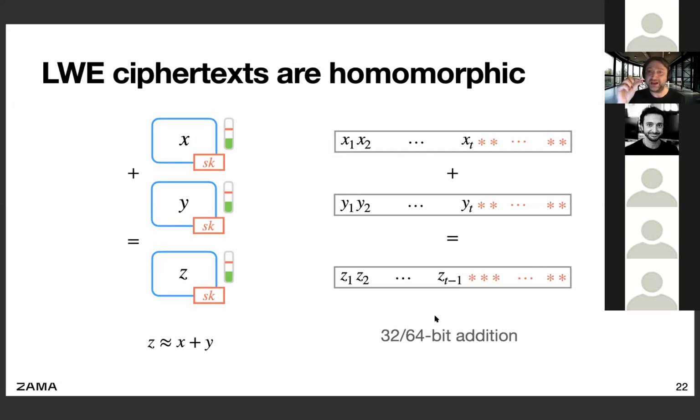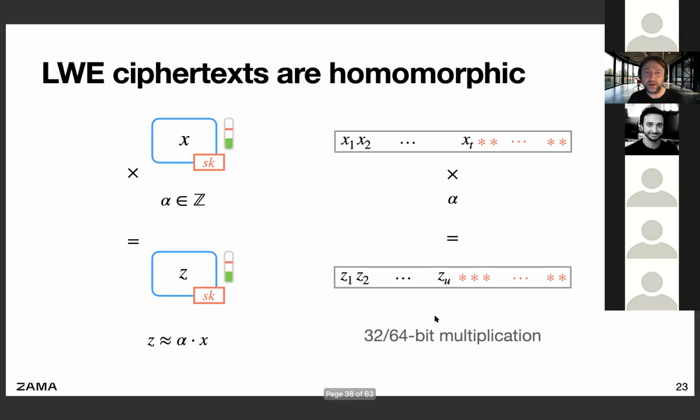The two noises are going to be added, possibly resulting in a carry bit. So you might lose the least significant bit of the sum of X and Y. You have to think about that and figure out which parameters you want to use so that you accommodate the level of error that you can allow.